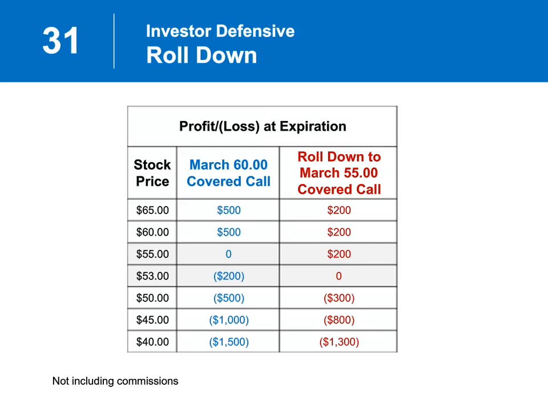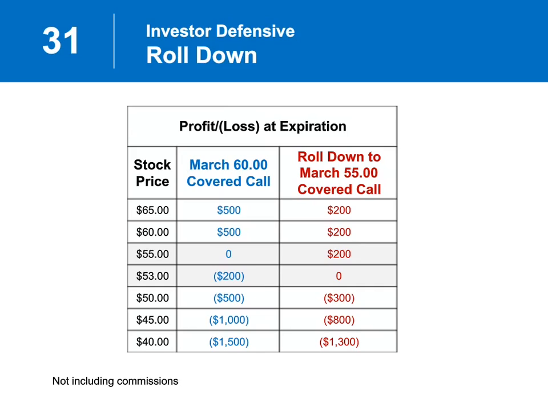Remember, if we had closed out with the stock at 55, we were talking about losing $100, because the value of the call was still $1. So we go from a potential loss to that potential profit of 200, if that's the approach you want to take.